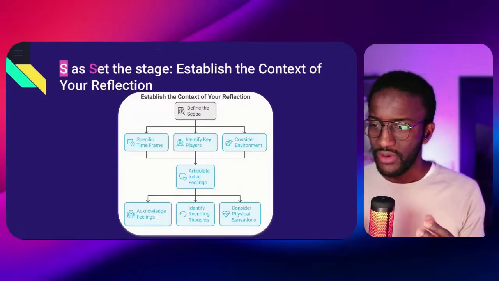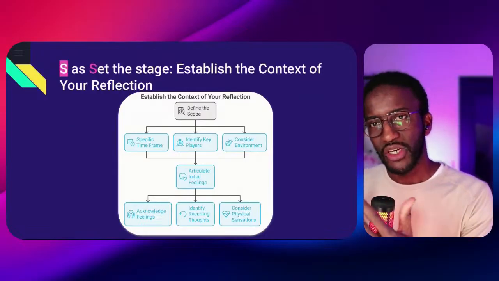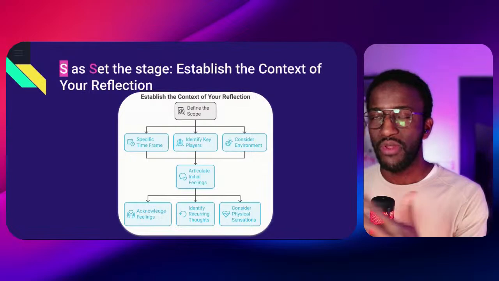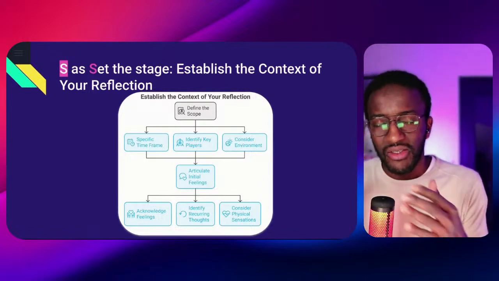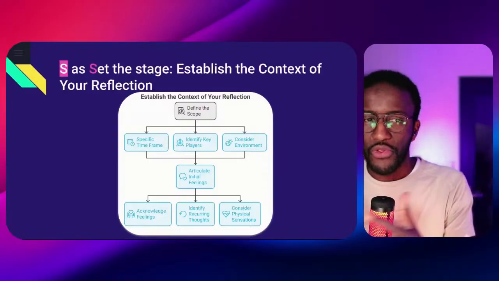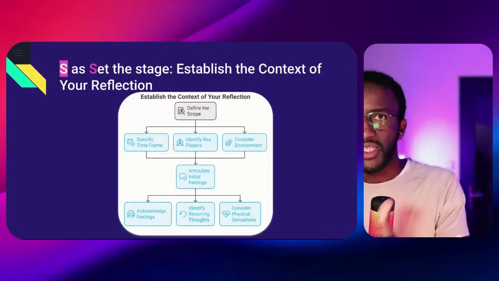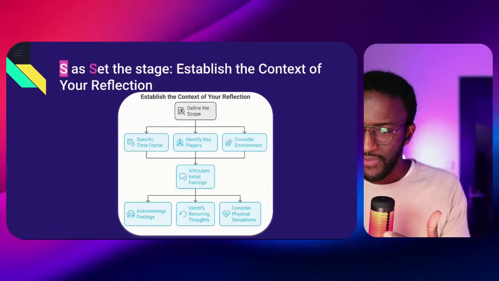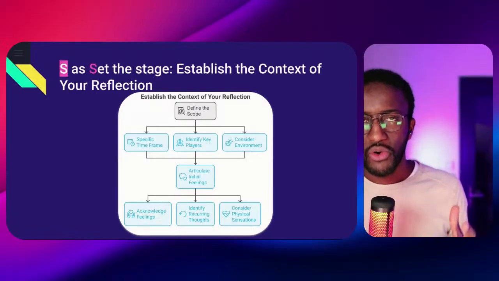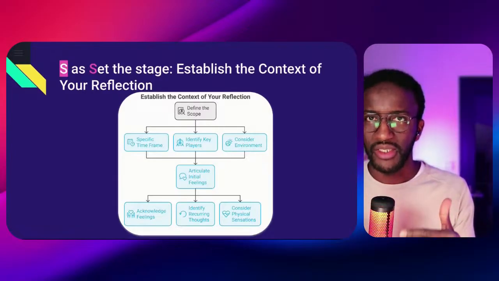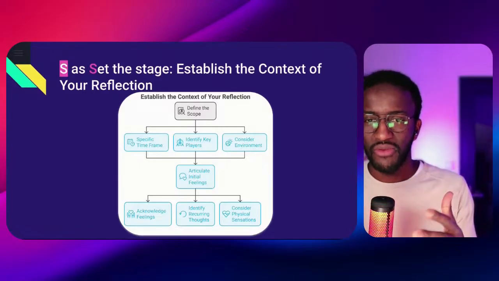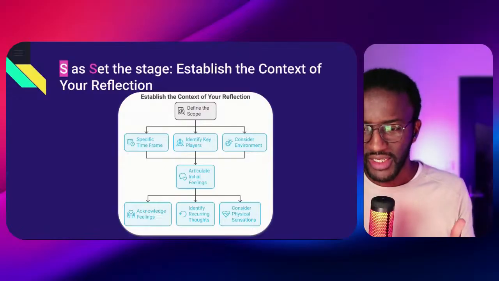You ask yourself, is it something that I'm trying to address, which is impacting a specific time frame of my life? Is it something that when it was happening, there were some key players that were impacting me positively or negatively? Really, you have to consider also the environment in which those events happened, and why they trigger the need for you to self-reflect about that event.